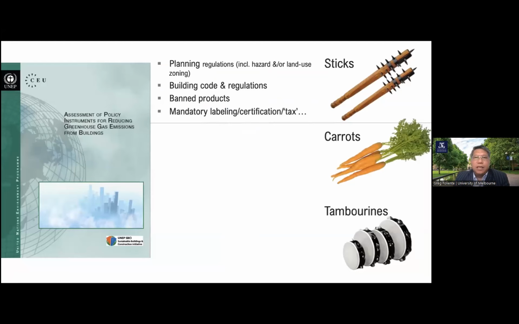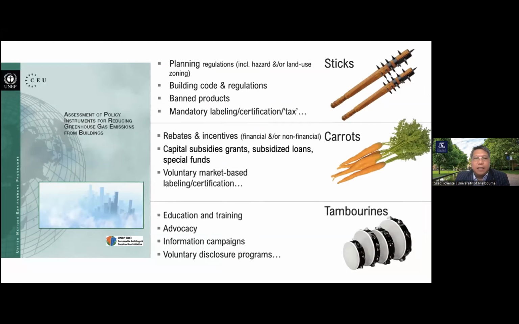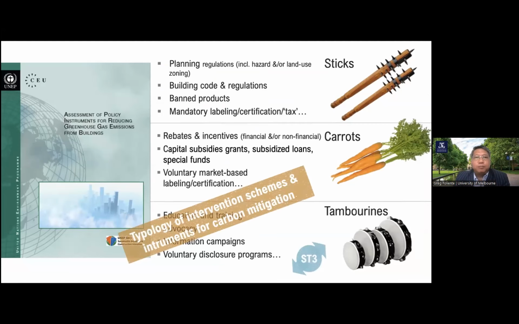The intervention schemes can be sticks, a whole set of them, different types. They can be carrots and incentives or tambourines, which are education and training. These are the categories of intervention that UNEP identified some time ago.